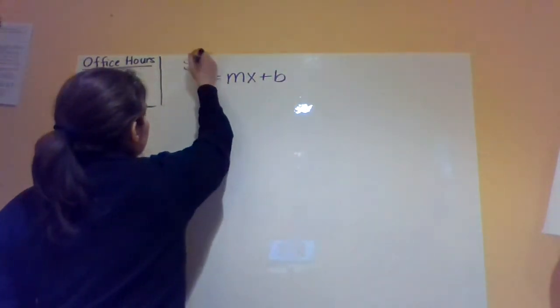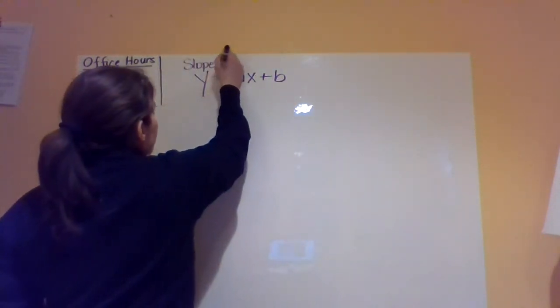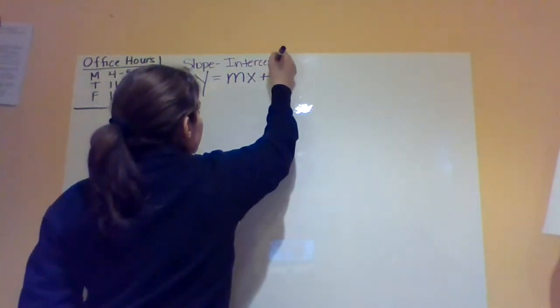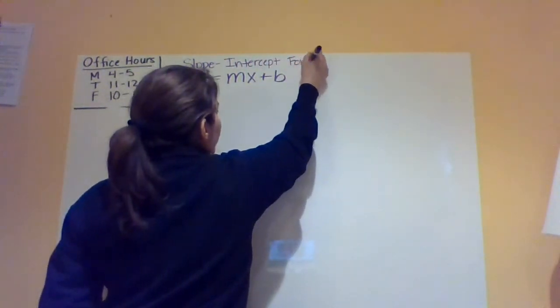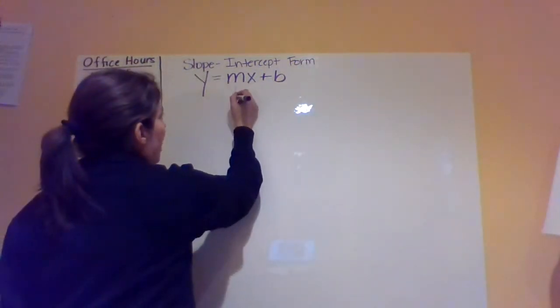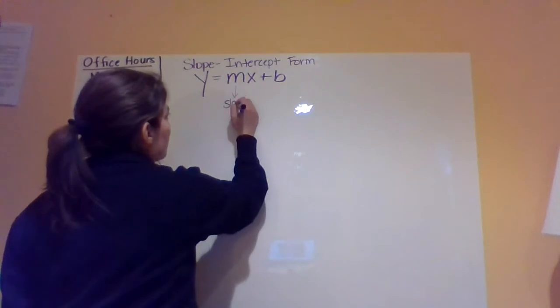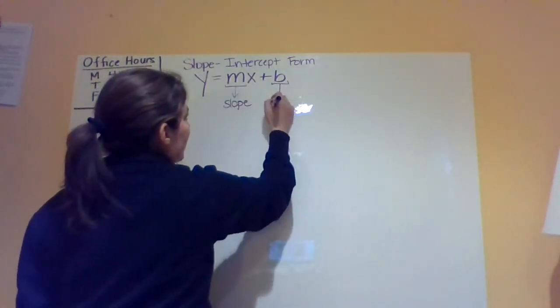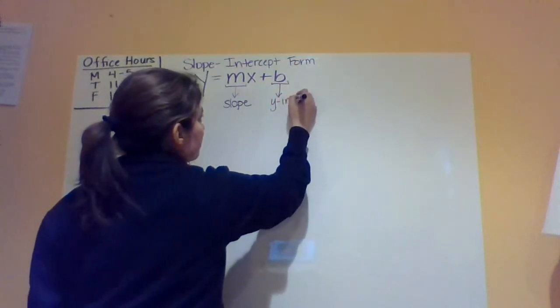And we call this slope-intercept form of a line. Form just meaning this is one way to express the equation. Slope-intercept because the m stands for slope, just the m, not the x, and the b stands for the y-intercept.